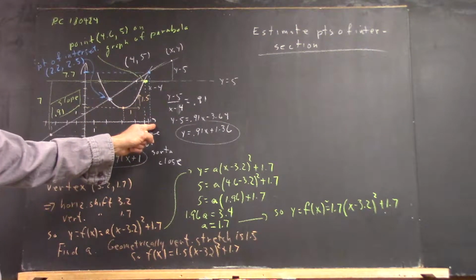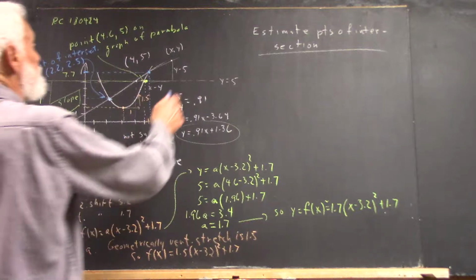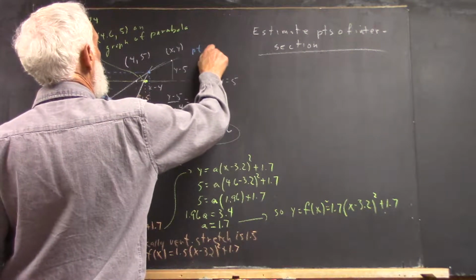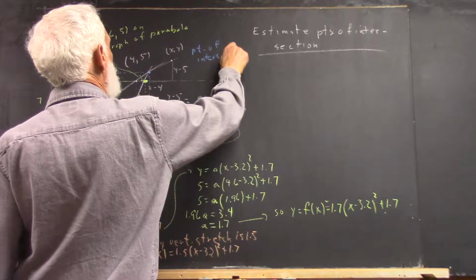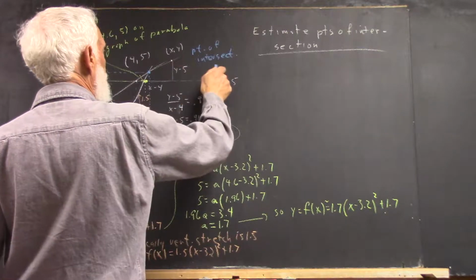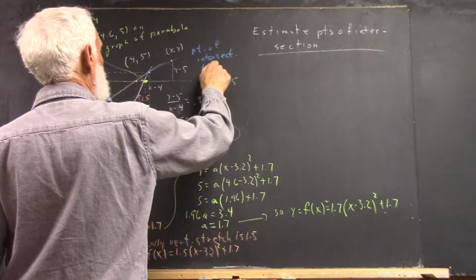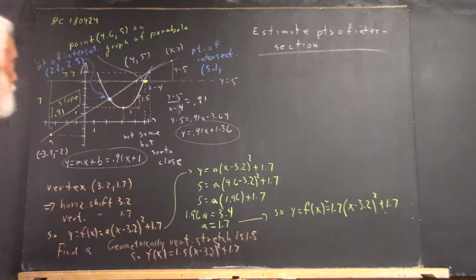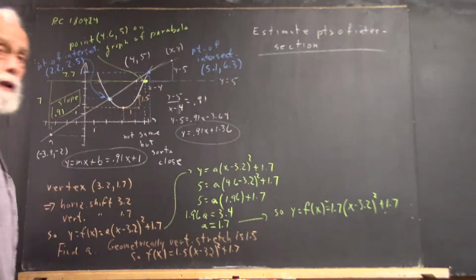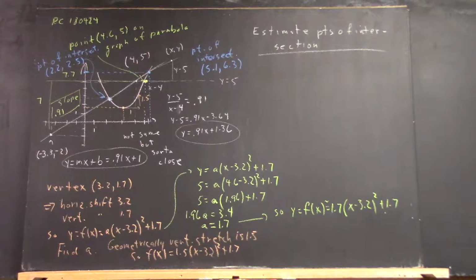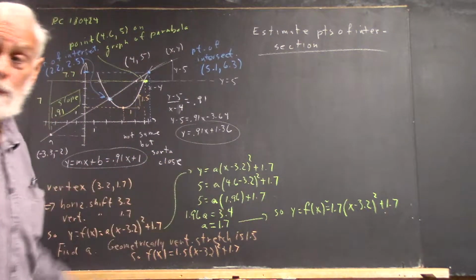So we'll go with 5.1, right? Okay, point of intersection. You can't read that, but you know what it is. So we're going to say 5.1, and somebody tell me what you think the y-coordinate is. 6.3. Okay. Good estimates. Okay, let's see if they match these functions.